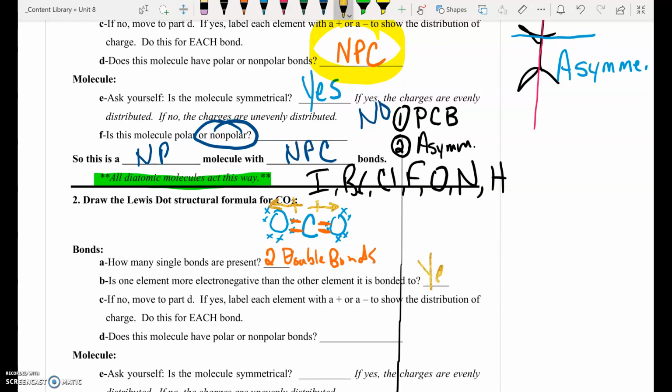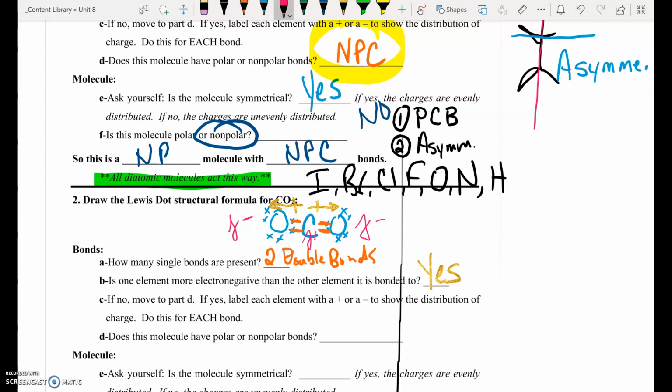So the answer to that was yes. It says, if yes, label positive and negative. That means that oxygen is going to become slightly negative on both sides, and then carbon is going to become slightly positive.